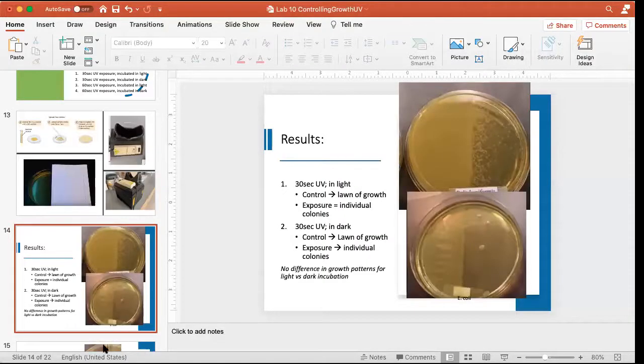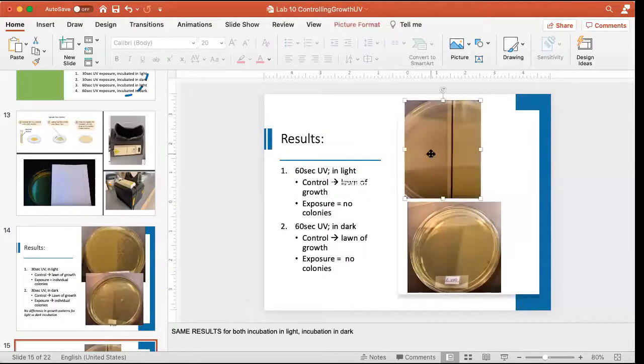If we left it in the dark while it was incubating, we were allowing the excision repair system to work. And it turns out that both of those systems worked equally well because we didn't see a difference between the plates that were from the dark conditions and the plates that were from the light conditions. So that's a result we have already.